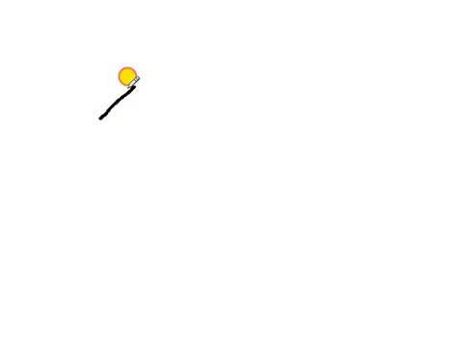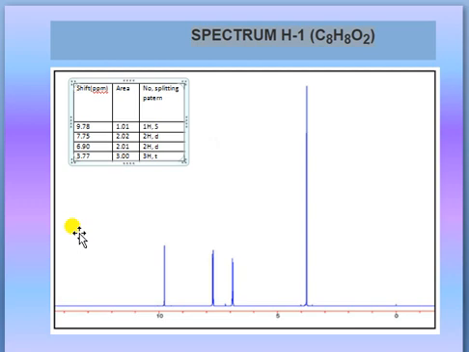So definitely one benzene ring is there. You can calculate the DBE and you will get 4 for this molecule. It is definitely para substituted, because you got two doublets and only two peaks in the aromatic region.